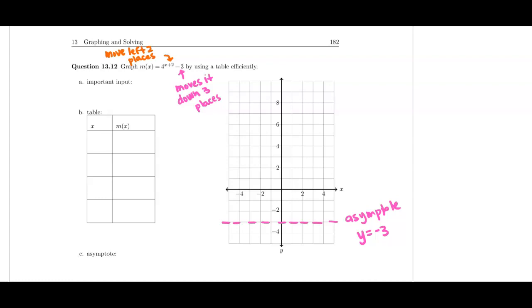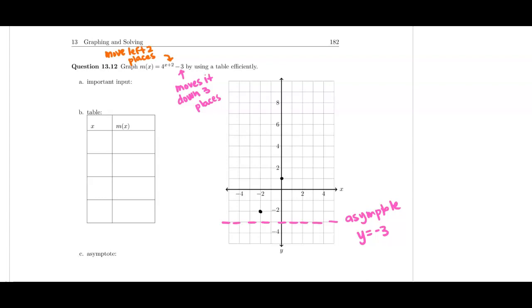Okay, and again, if you were trying to do a rough sketch of it, remember that our regular graph would go through this point, but this is telling me how those are moving. It's saying basically that this point is going to go left 2 places and down 3.